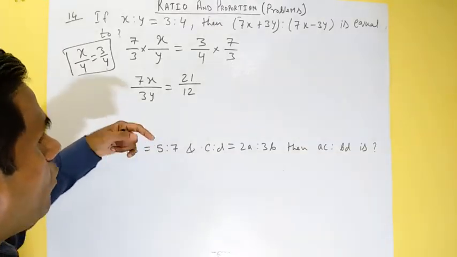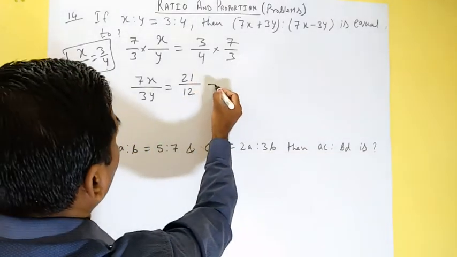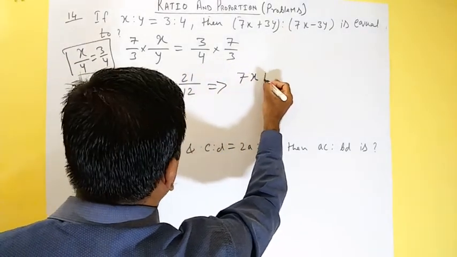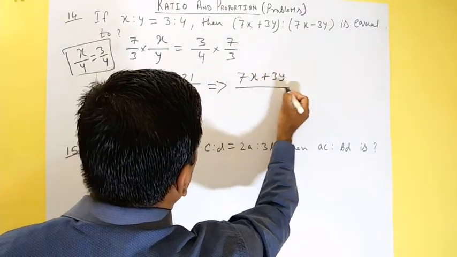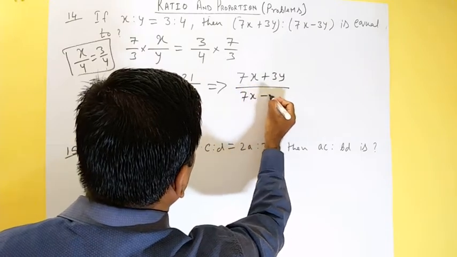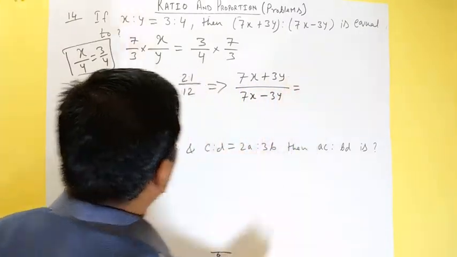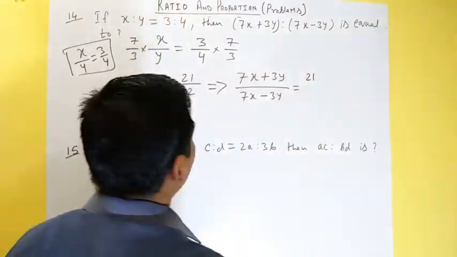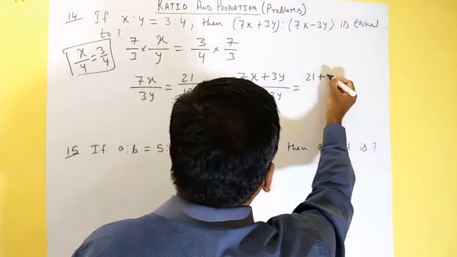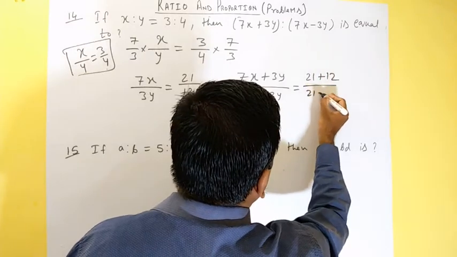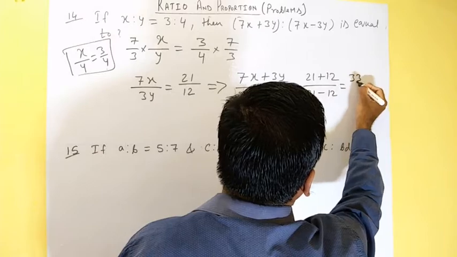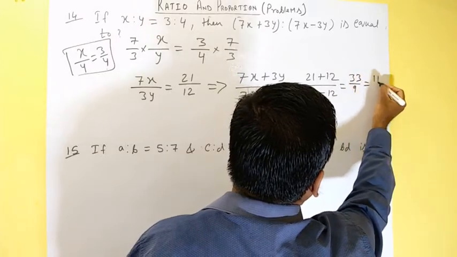Now if we apply componendo and dividendo rule, it will become 7x plus 3y upon 7x minus 3y is equal to, RHS also, 21 plus 12 upon 21 minus 12, which is same as 33 by 9 is equal to 11 by 3.